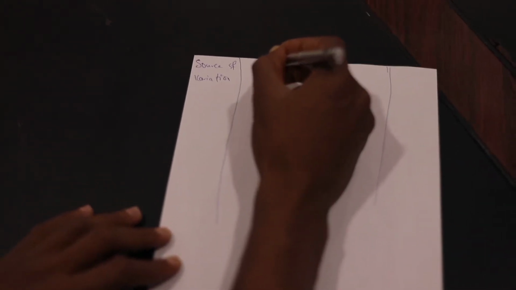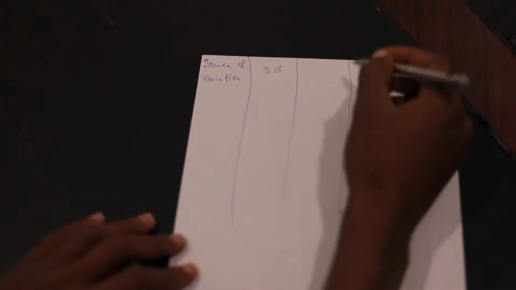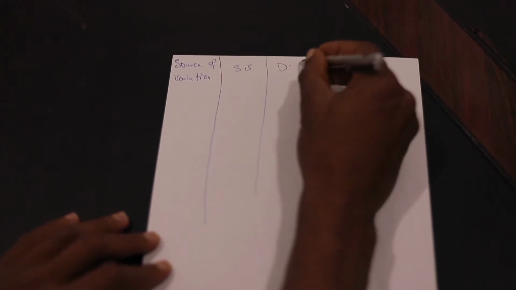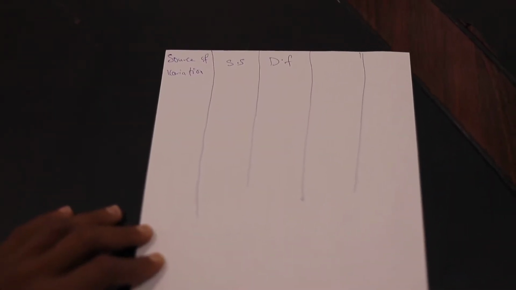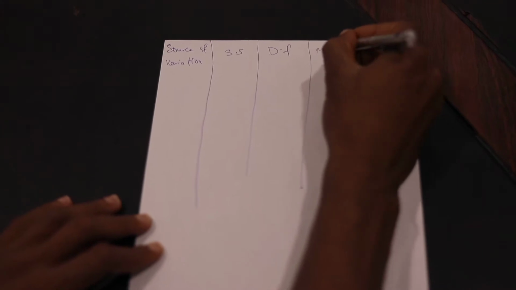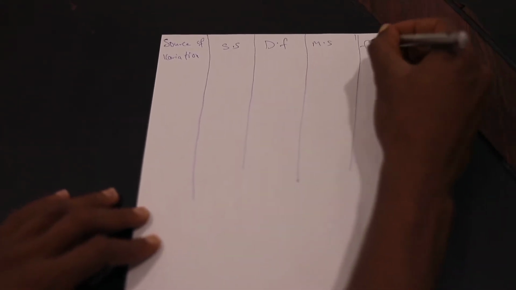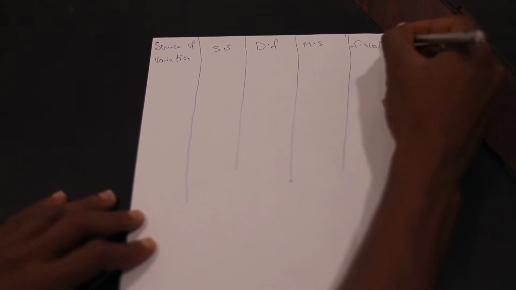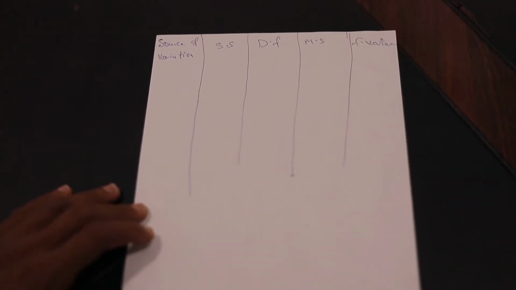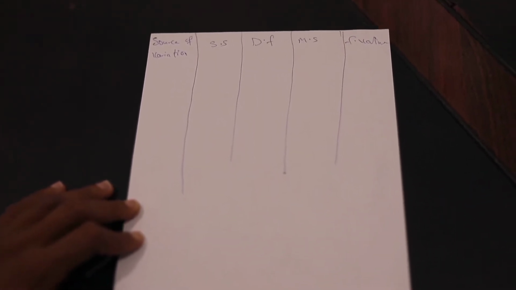Here we say sum of squares. We say degrees of freedom, mean of squares and F value. This is a constant formula in carrying out a computation on ANOVA.